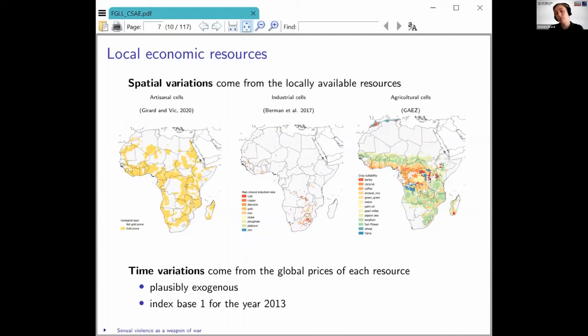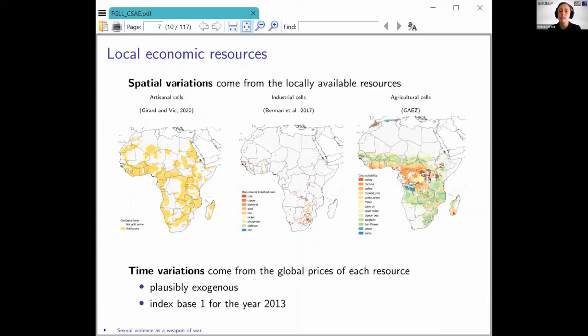And the last resource that we consider is agricultural resources, with the suitability of a cell for different sorts of crops. And we here consider only cells that have a minimum suitability of at least 40% or more, so that the cell can actually have decent yields for the crop for which it is most suitable.